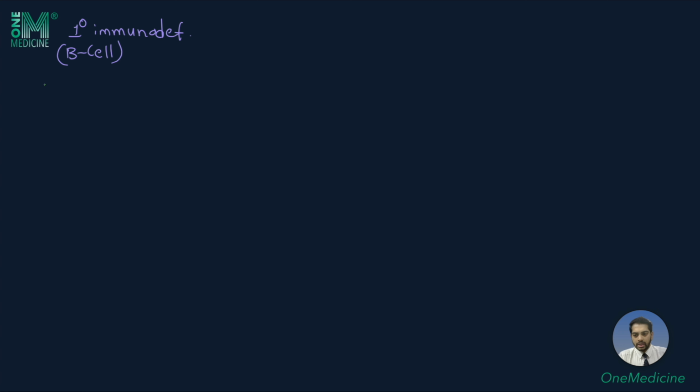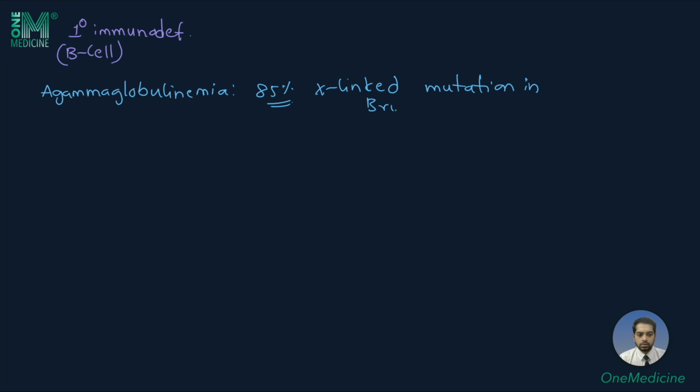Now, let's look at some of the examples of B cell primary immunodeficiencies, and the examples include agammaglobulinemia. In about 85% of the cases of this, there is an X-linked mutation in Bruton's tyrosine kinase gene.